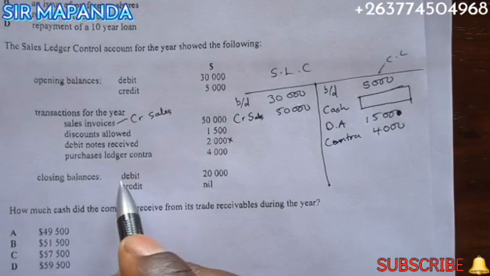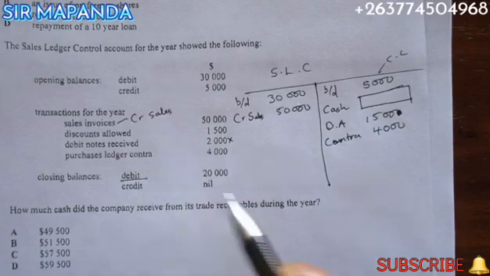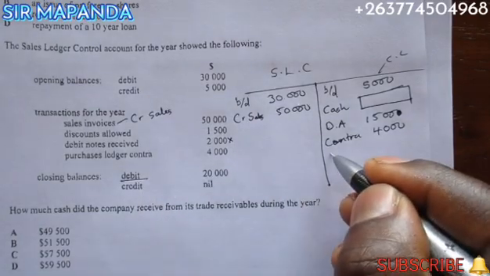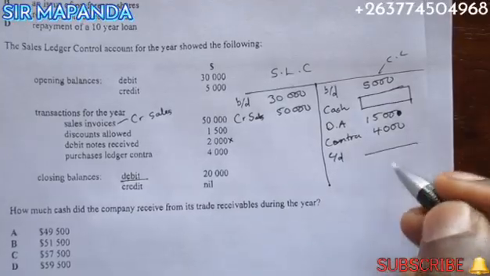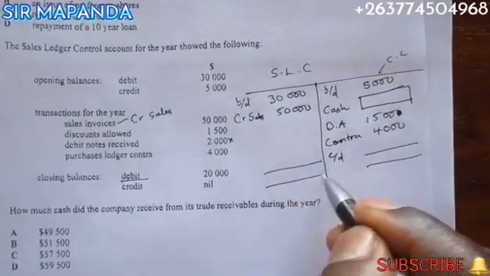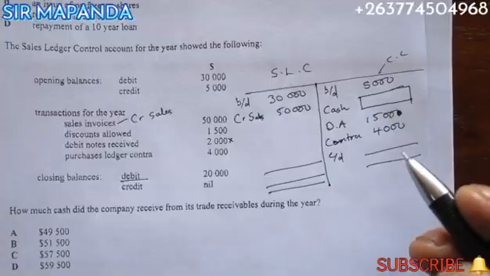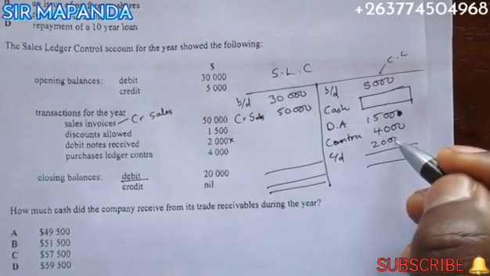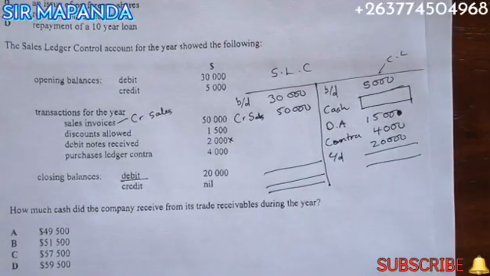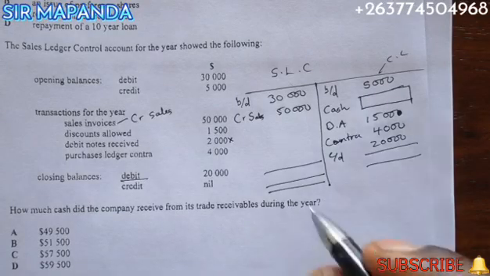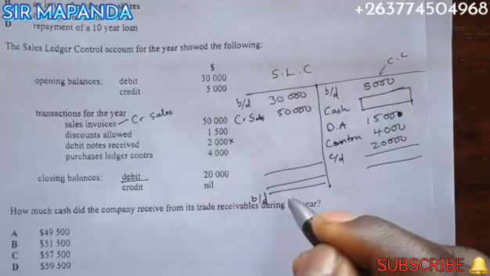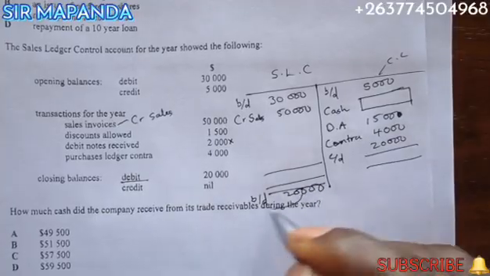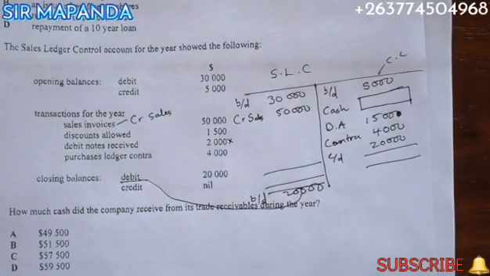If you are given a closing balance like a debit of 20,000, you post the CD on the credit side of the sales ledger control. So 20,000 is posted on the credit side. Why post it on the credit side? Because if we then bring that CD down, it will then appear on the debit side. I hope you are following.